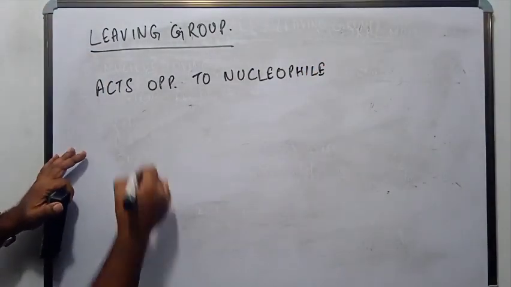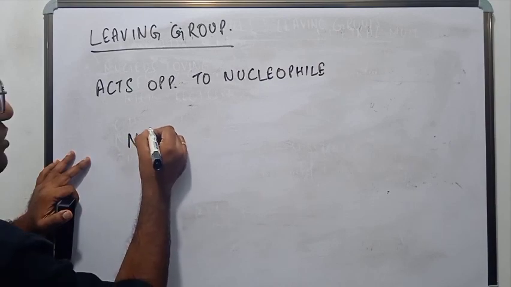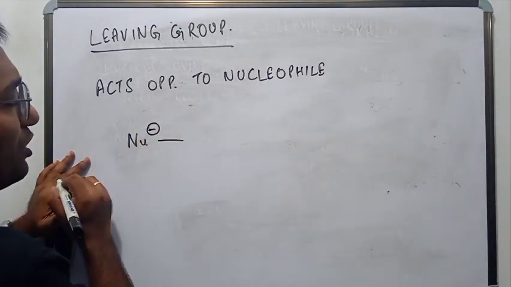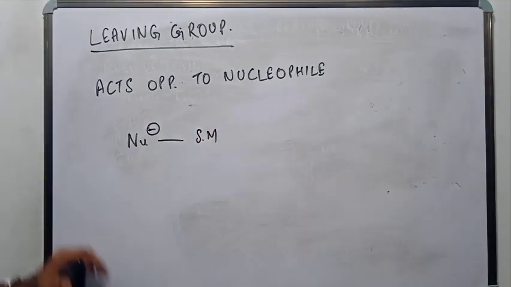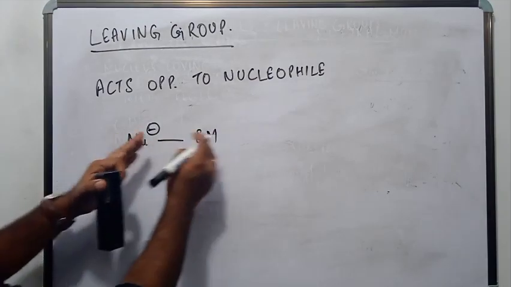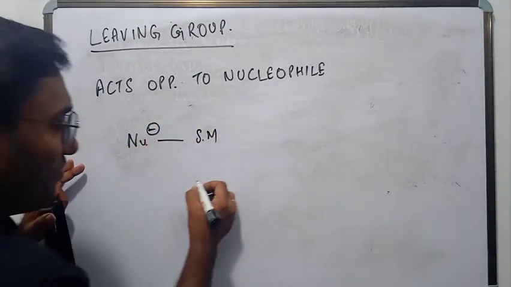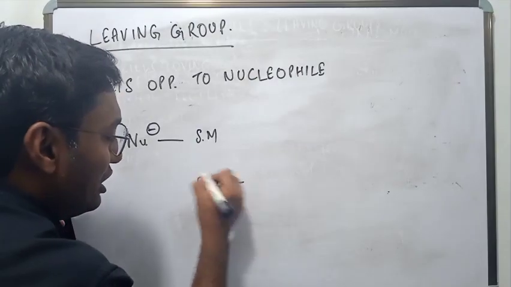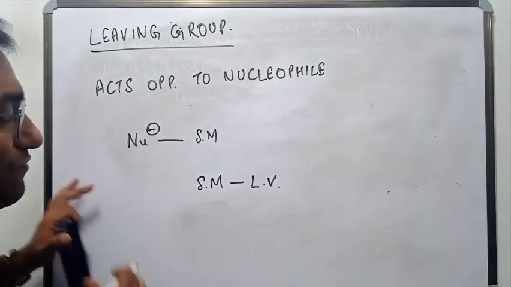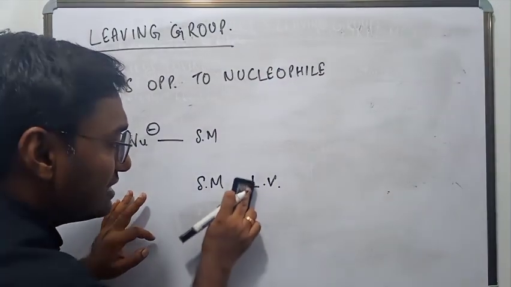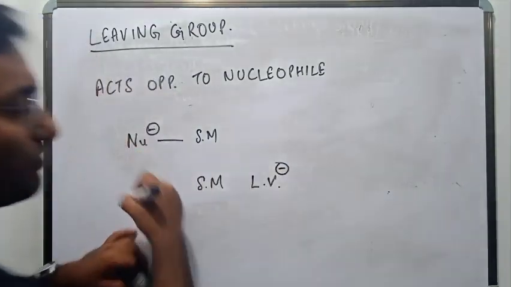See, a nucleophile donates a pair of electrons to make a bond with the substrate molecule, while a leaving group breaks the bond with the substrate molecule by withdrawing a pair of electrons.